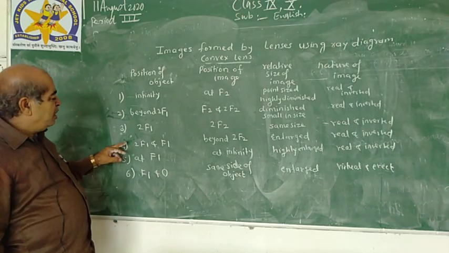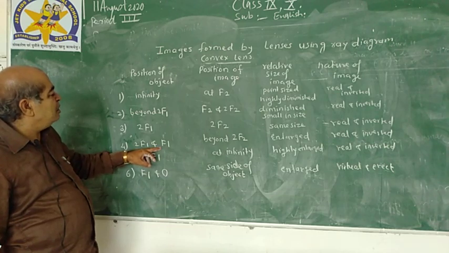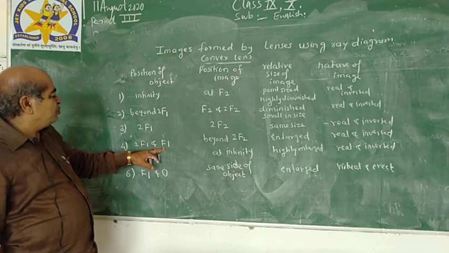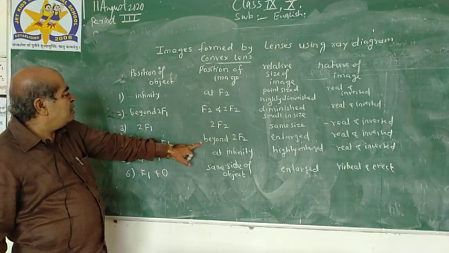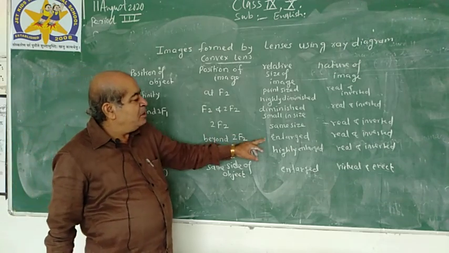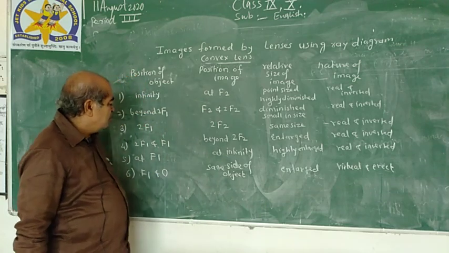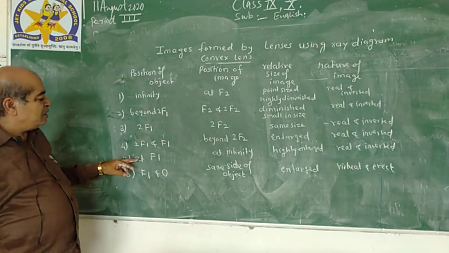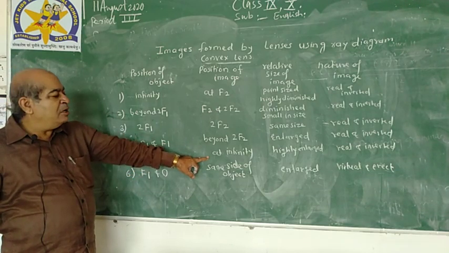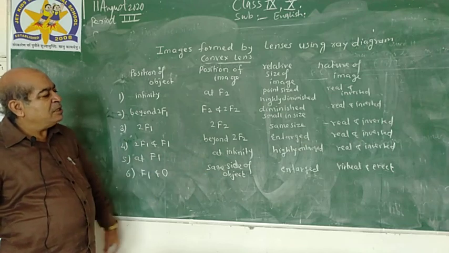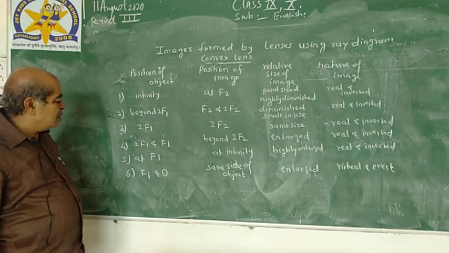Fourth case, when the object is in between twice f1 and f1, then the image is formed beyond twice f2 and the image is enlarged. It is real and inverted. And when the object is at f1, the image is formed at infinity and it is highly enlarged, again real and inverted.